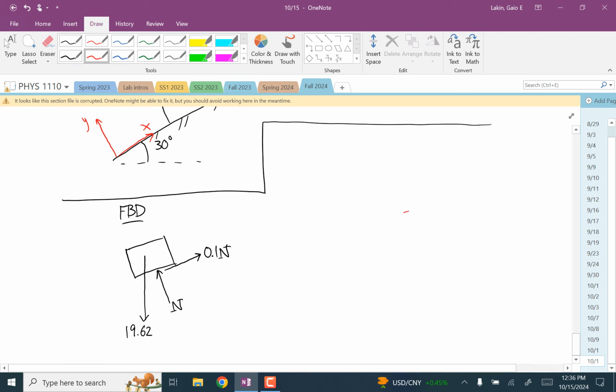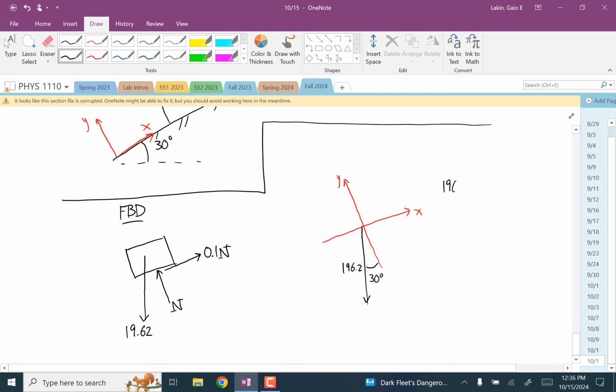So let's think about the components of the weight force. This angle is 30 degrees. So what's the angle I'm going to use for sine and cosine? 240. Yep, exactly. So it's 270, in this case, minus 30.